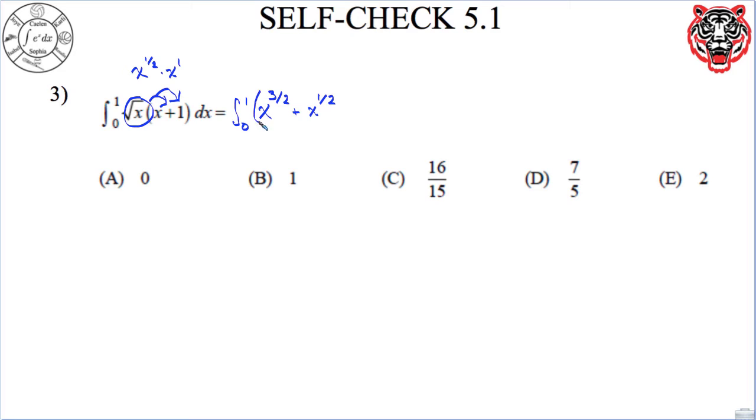All of that is multiplied by dx, of course. It doesn't really matter for multiple choice, but I'm just showing you the formal work here. And now I can apply this definite integral to both of these terms. So antiderivative of x to the 3/2, I'm going to go up a power, x to the 5/2, and divide down, so times 2/5.